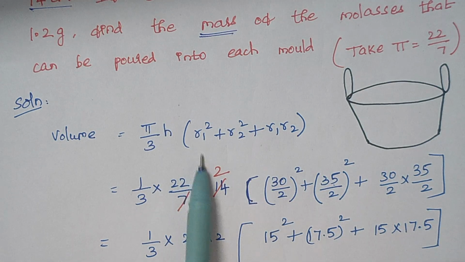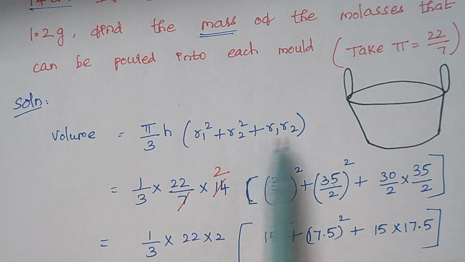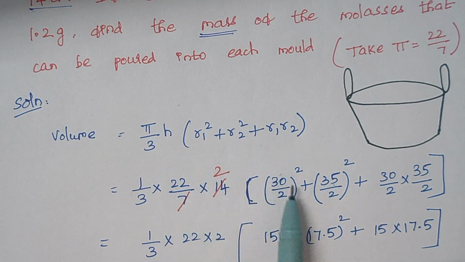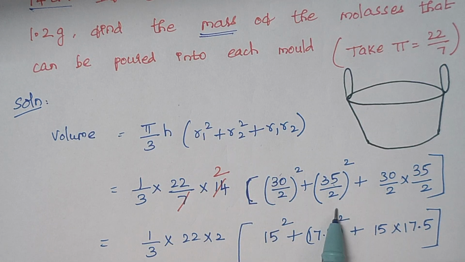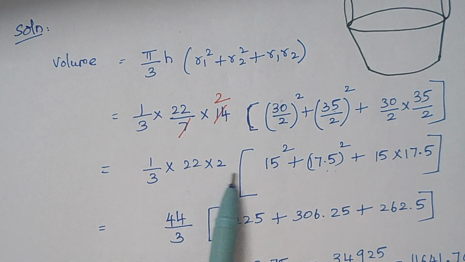So here the R1 is 30 by 2 whole square and R2 is 35. Sorry, R1 is diameter is 30, right? So R1 is 30 by 2 and R2 is 35 by 2, and here you have to multiply. So when you simplify, 30 by 2 is 15 and 35 by 2 is 17.5. So again 15 square plus 17.5 square plus 15 into 17.5. So again when you simplify, 22 into 2 is 44.